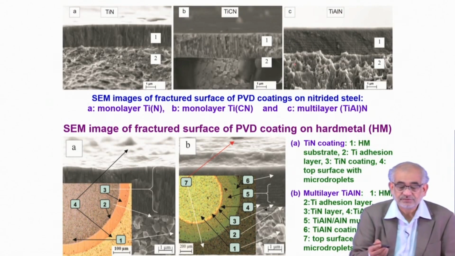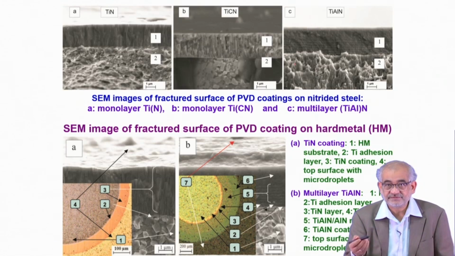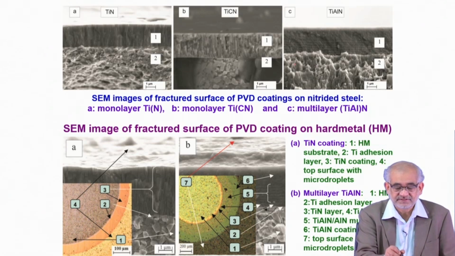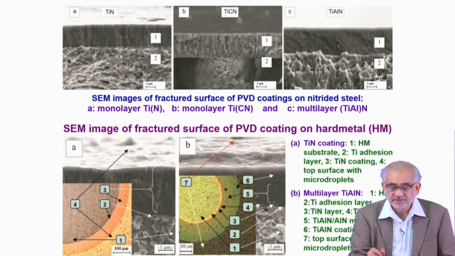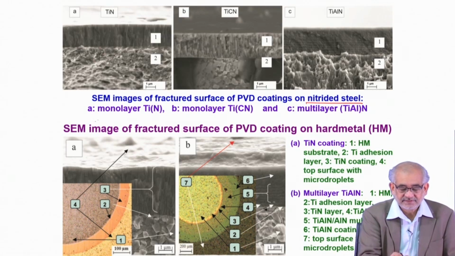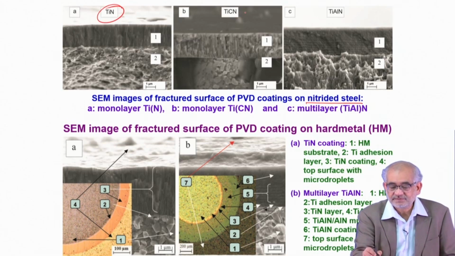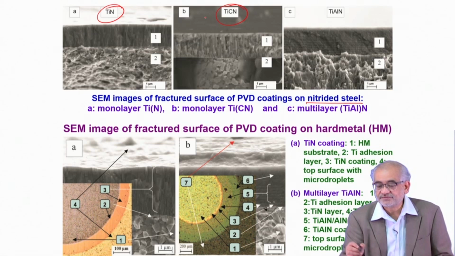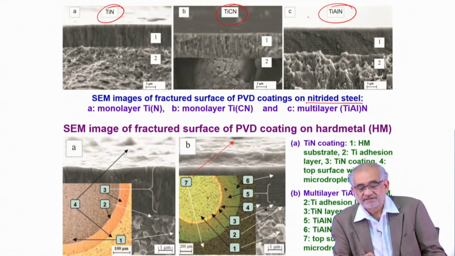In fact, by way of reaction based PVD, you can create, for example, here you have a nitrided steel, and on top of that, in A you have created titanium nitride, in B you have created titanium carbonitride, and in C you have created titanium aluminum nitride.